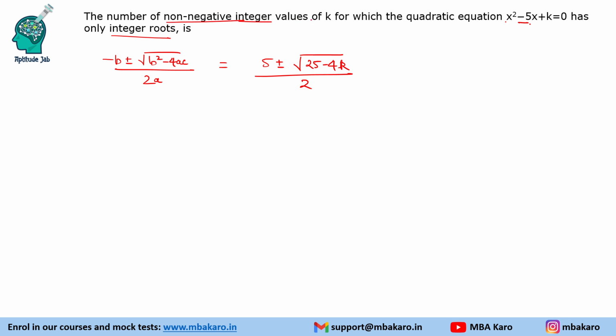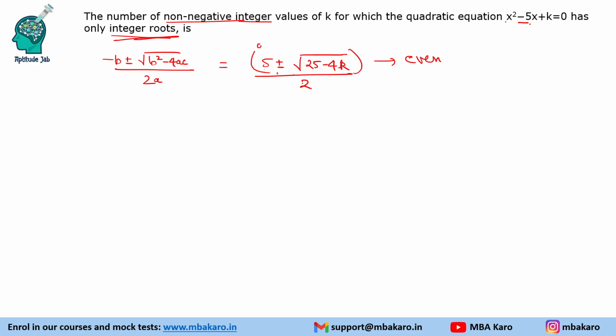Now, pay attention to each of the words. Instead of making all possibilities, just solve it using the conditions. Now, first thing first is it should have integer roots. So that means if we are dividing a number by 2, the numerator part should be even.